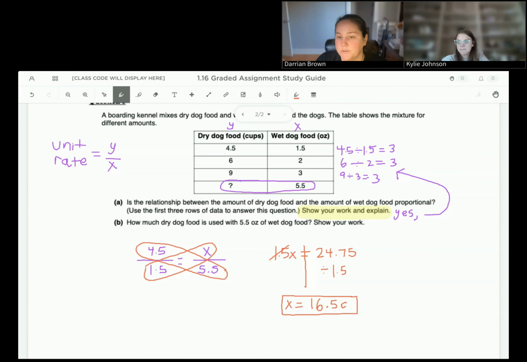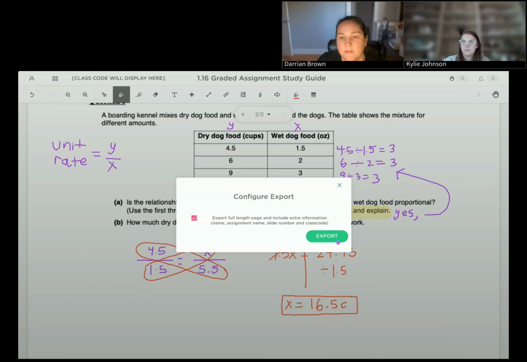Yeah, well, I can go back to it. To export it, watch my screen. You go up here to this little person, click on it, click export to PDF, click the green export button.